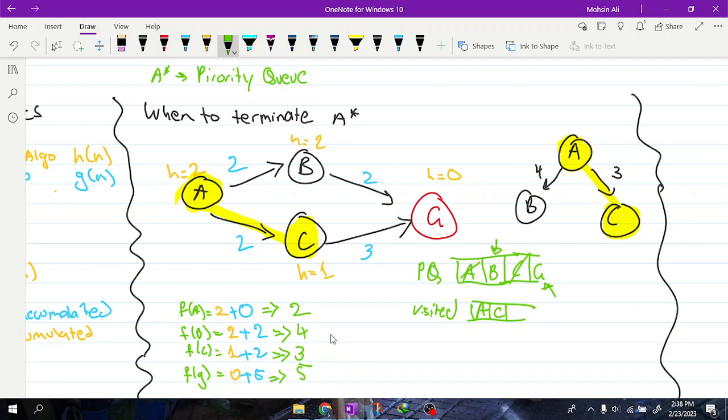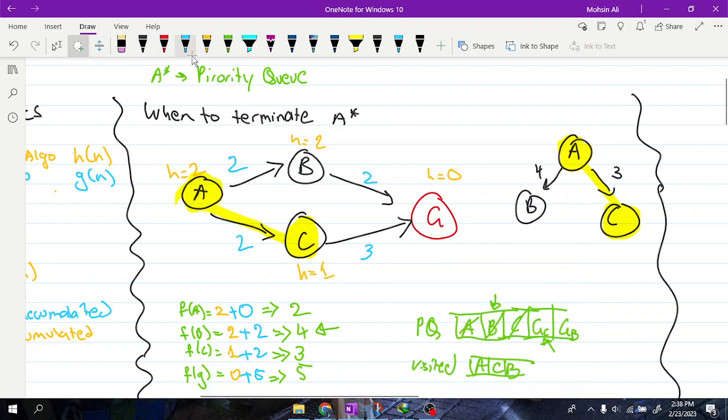And we can see that yes, B was minimum as compared to this path of G. So we put B in visited, and we remove B, and we put G of A, let's just put G of C, and then we have G of B. B would then have G, and this one also would have G. So this was 4, meanwhile this was 5. So we would choose this path.